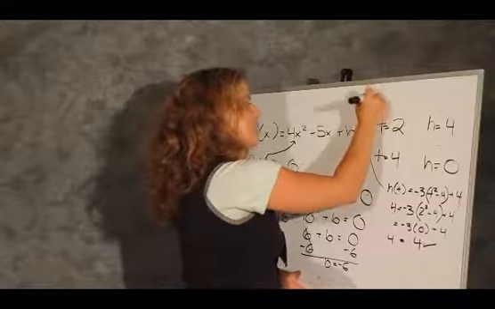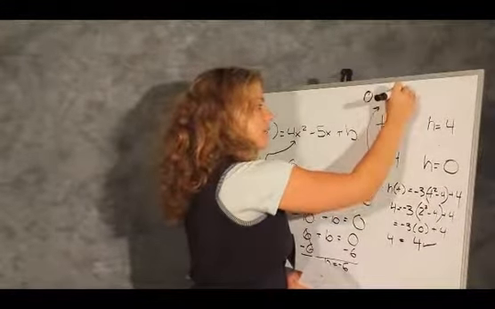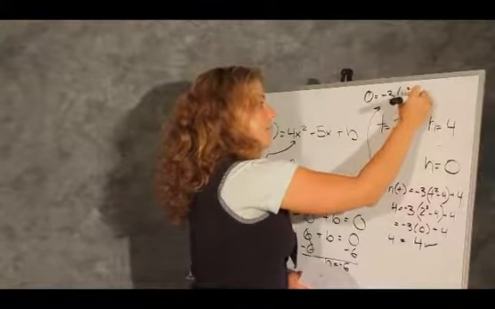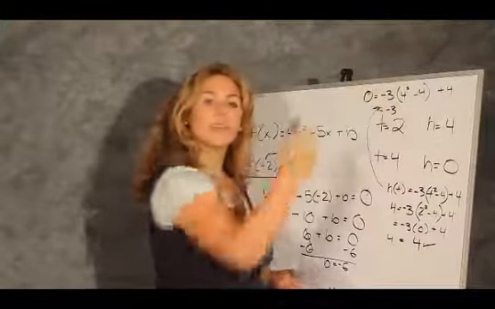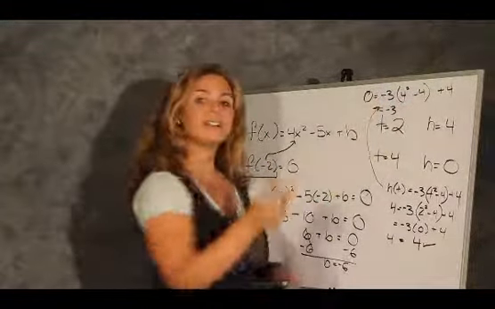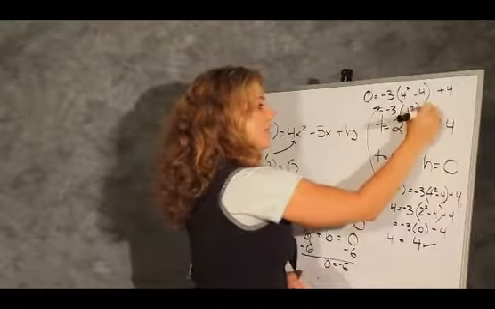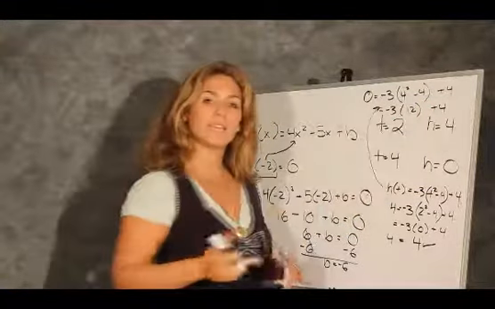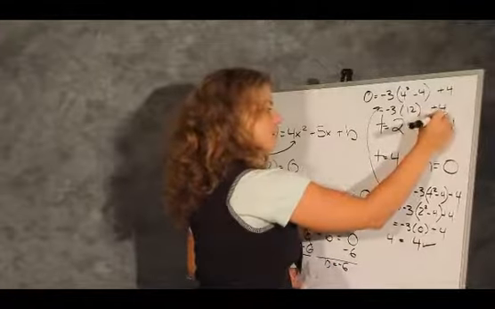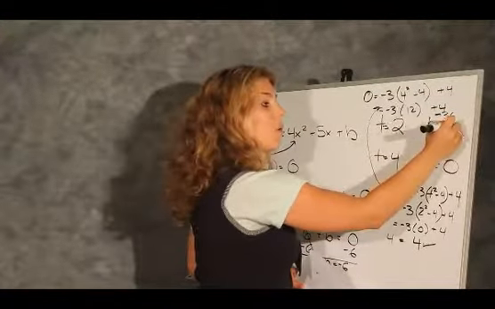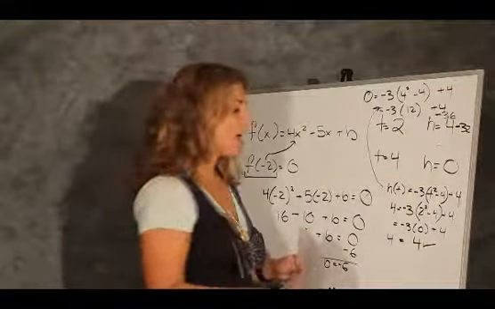So we have -3 times 4 squared minus 4 plus 4. 4 squared gives us 16. 16 minus 4 is 12. -3 times 12 gives us -36. Plus 4 is only -32. So we know that is not our equation.